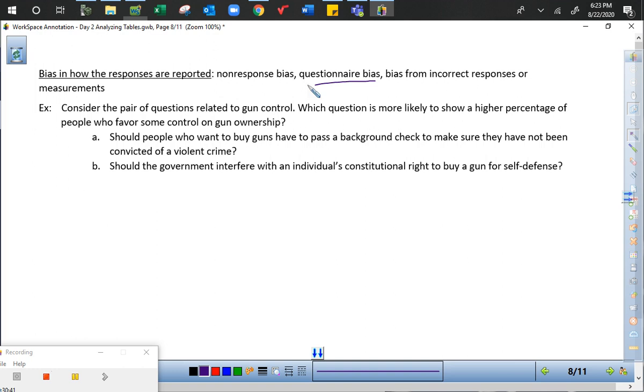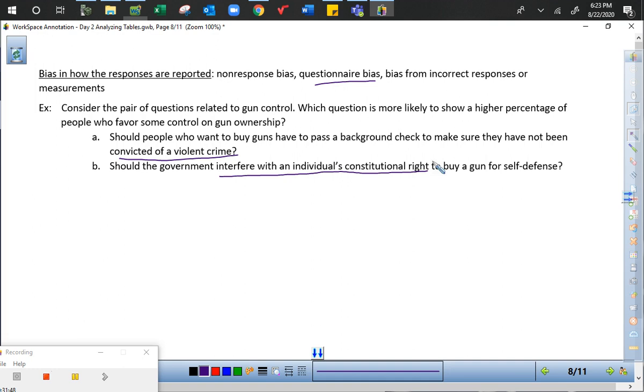This one says convicted of a violent crime. It encourages fear there. This one is interfering with individuals' constitutional right. All of these things are worded to try to get you to answer the way that the surveyor wants you to answer.